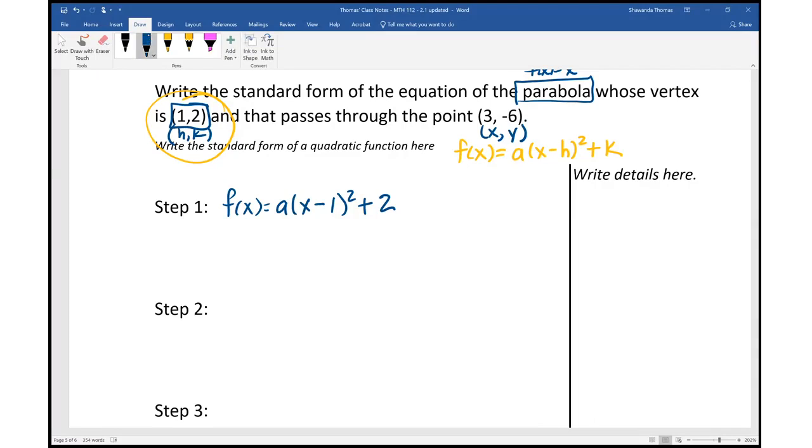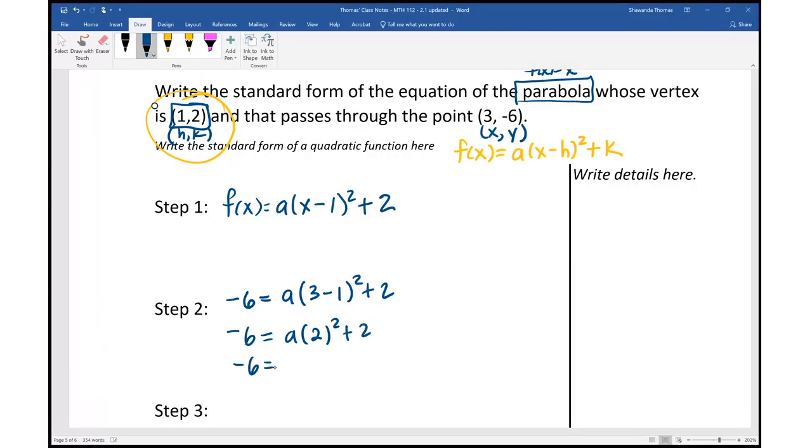So we have f of x. Now, f of x is the same thing as y. So we're going to replace that with -6 equals a times x, which is 3, minus 1 squared plus 2. Where did we get that information? Right over here. It was given to us. Then we're going to solve for a.